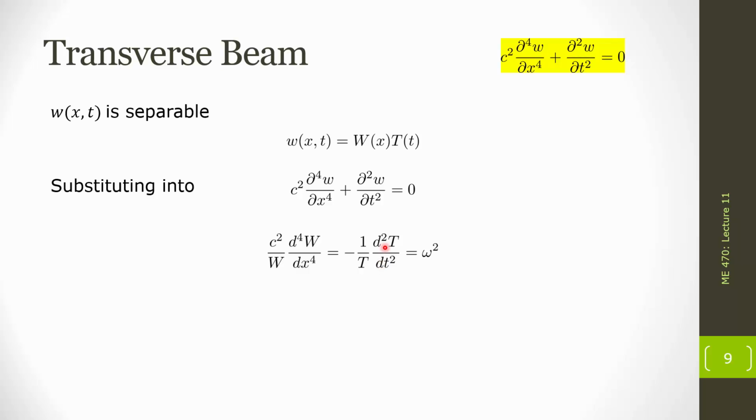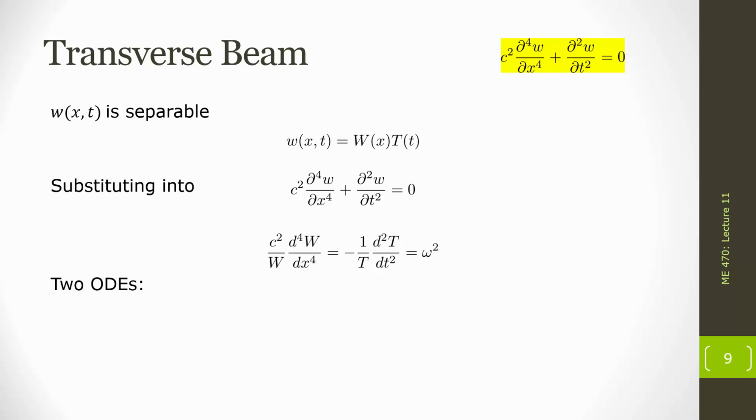And we're going to call that constant omega squared. So again, you can look at more detail back in your ordinary differential equations or partial differential equations class for this. But because we are differentiating with respect to two different variables and they're equal, we can set it to some constant. And for convenience, we call it omega squared because this will become our natural frequency later, as we're going to be seeing. So we now have two ODEs because we have this separable equation.